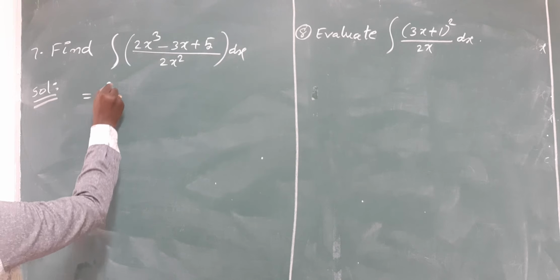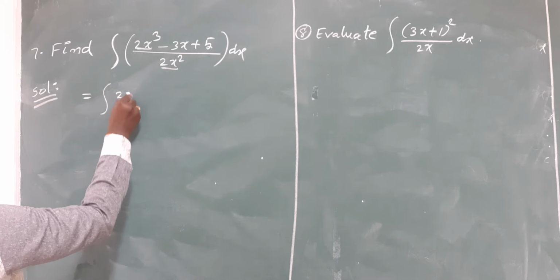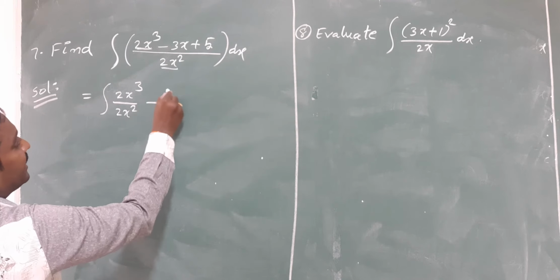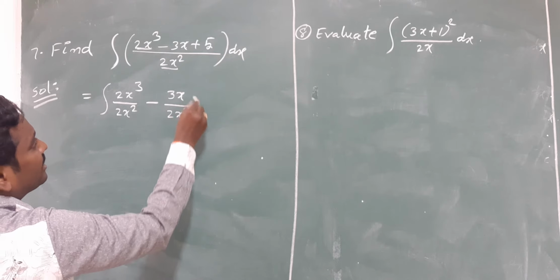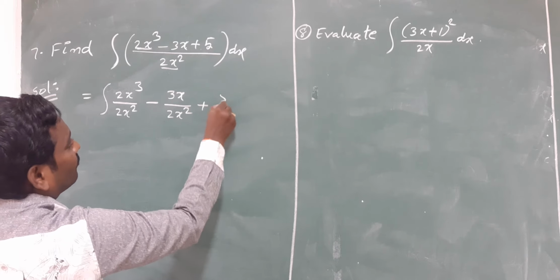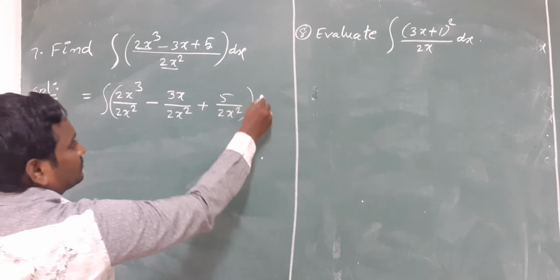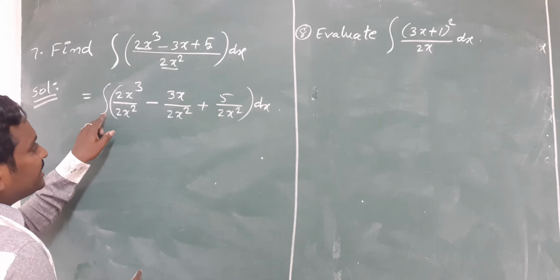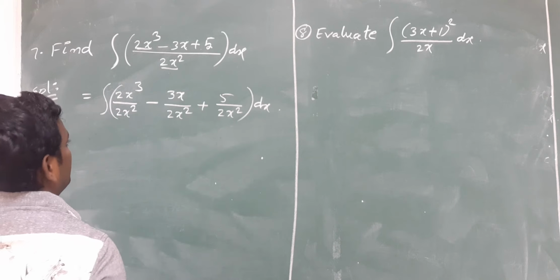This given problem becomes: first term by denominator, 2x cube by 2x square, minus second term by denominator, 3x by 2x square, plus 5 by 2x square, whole into dx. Inside the integration there are three terms, that's why you should write whole dx.